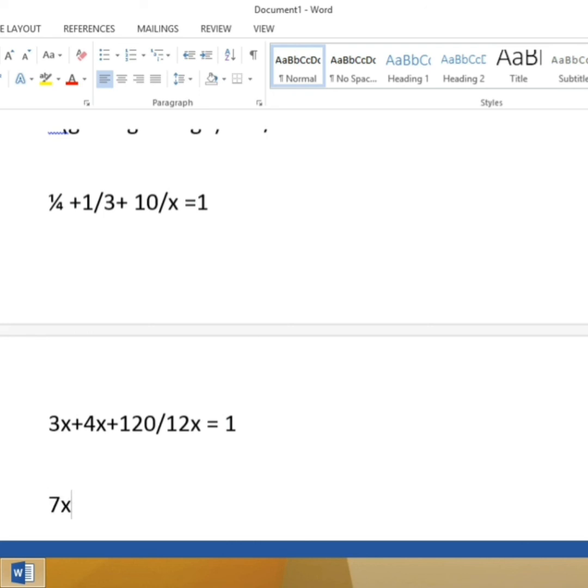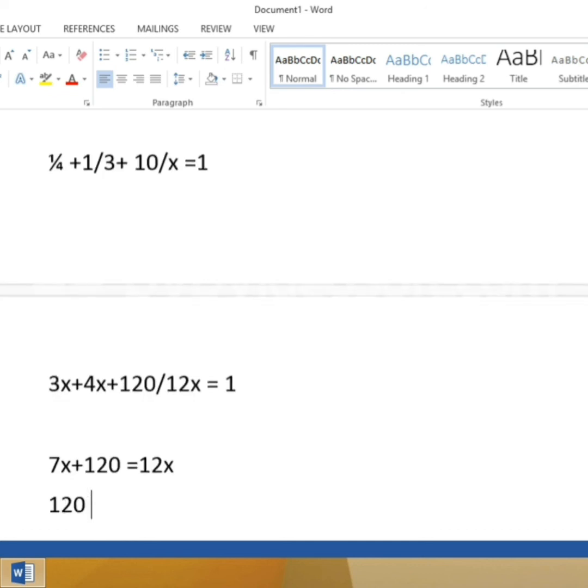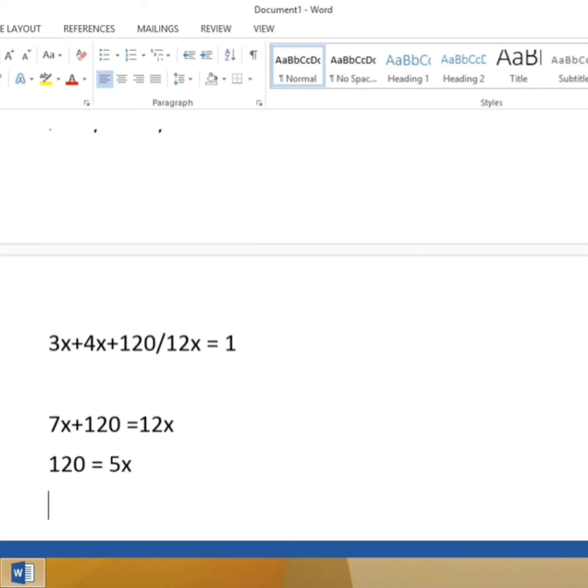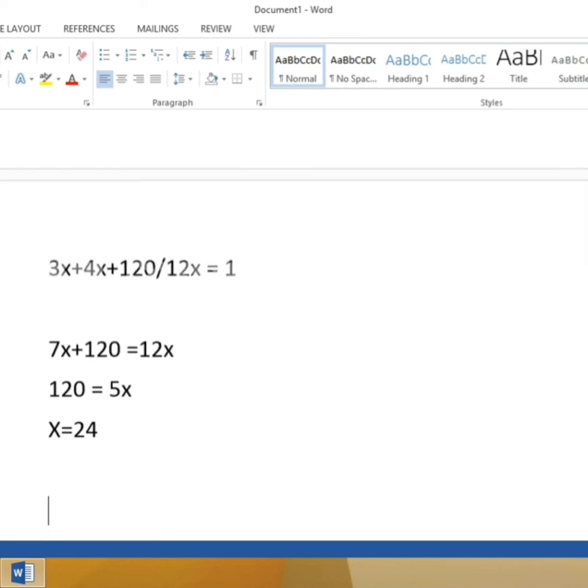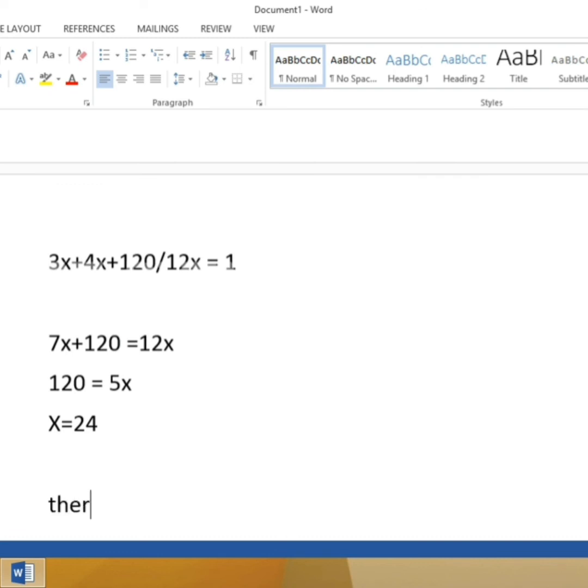Seven x plus 120 equal to 12x. 12x goes to the other side. So 120 equal to 12x minus 7x, that's going to be 5x. So x equal to 24. Therefore, the number of balls in the jar is 24.